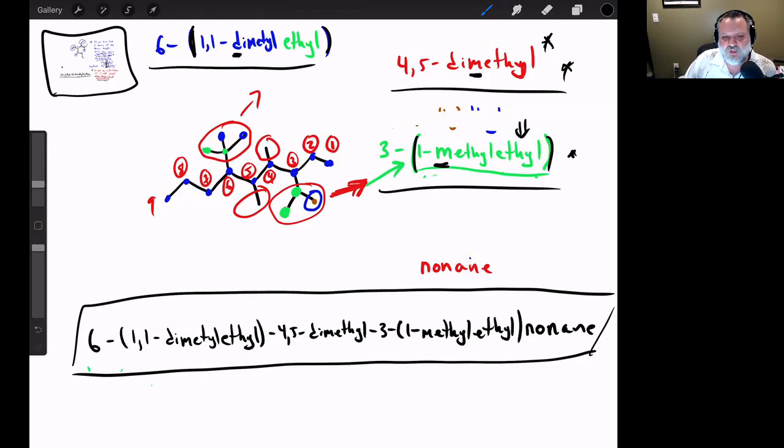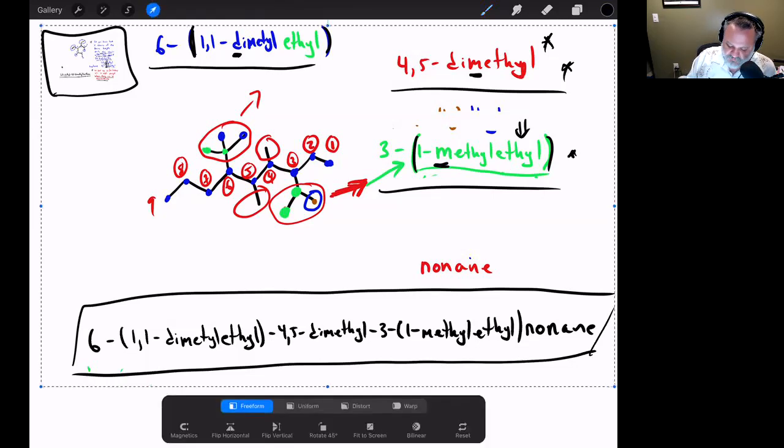Identify the longest chain, then number it in the direction that gets you to a substituent the fastest. If there's a tie in the longest chain, then number the longest chain that has the most number of substituents. Locate all the different substituents, name them, and put them together alphabetically. This is a summary of the basic ideas of what these rules are.